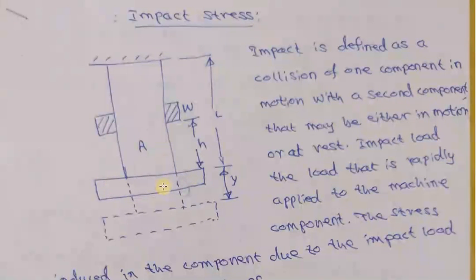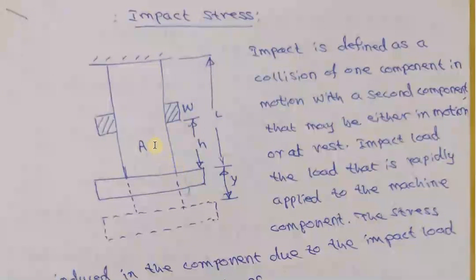This elastic member has a length L. On this member I have a load, shown by the hatched line, called the impact load W. This is going to freely fall from a height h, and it impacts the collar. Suddenly this moving load comes and hits the collar, which is stationary.